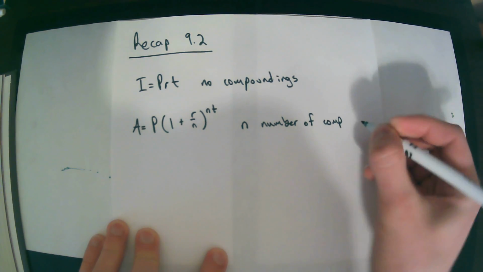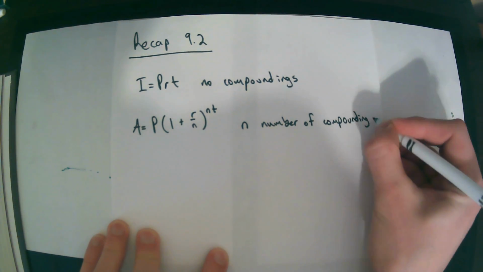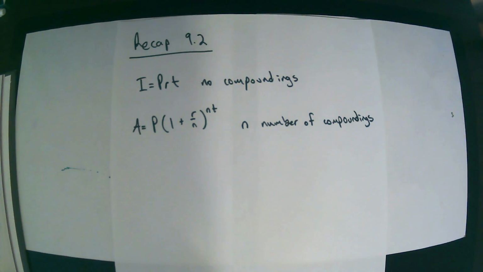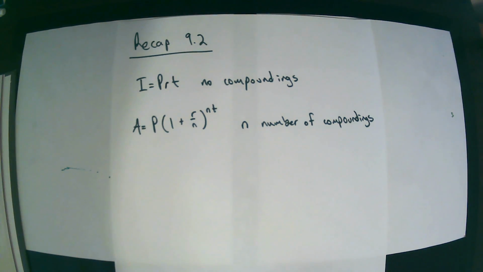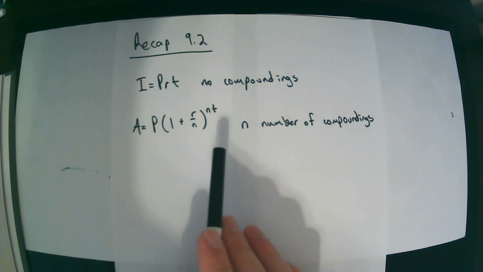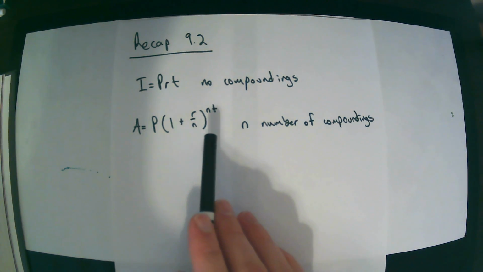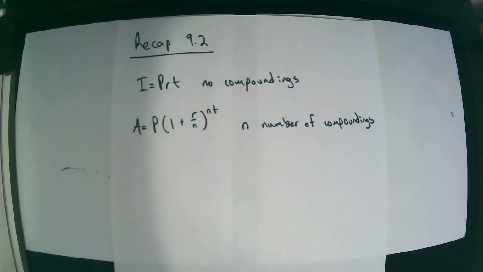This is the formula you use to calculate interest on an account where you are compounding the interest multiple times per year.